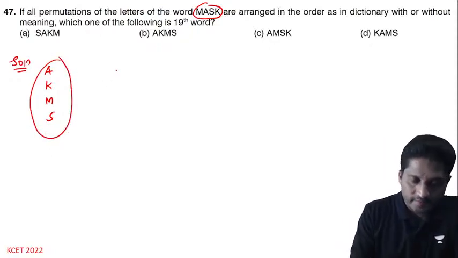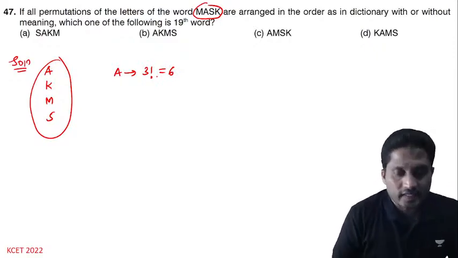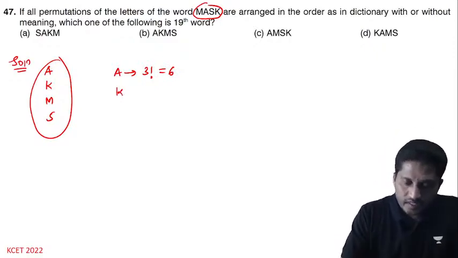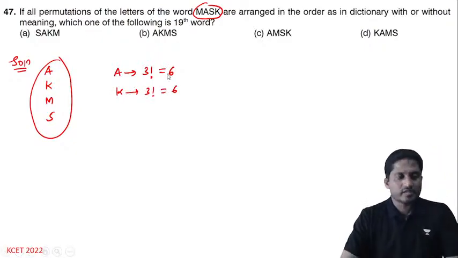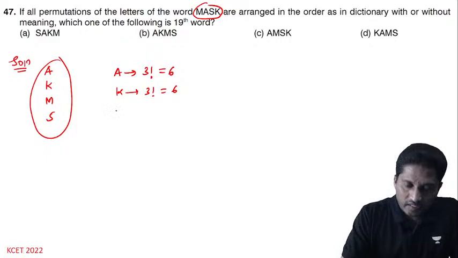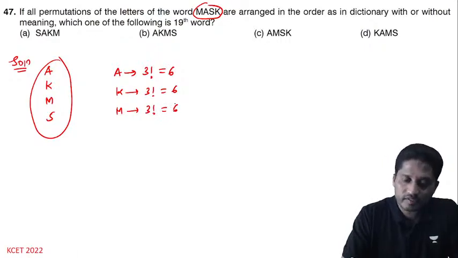Starting with A, the remaining 3 letters can be arranged among themselves in 3 factorial ways, which is equal to 6. Next letter in the dictionary is K. Starting with K, the remaining 3 letters can be arranged in 3 factorial ways, which is 6. Starting with M, again 6.